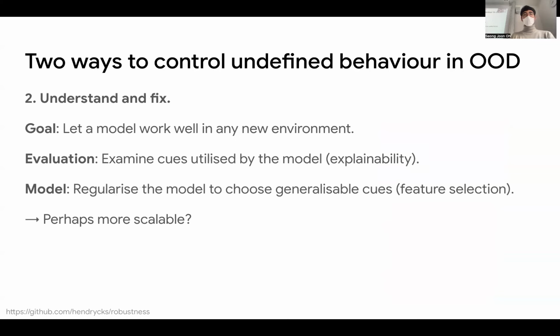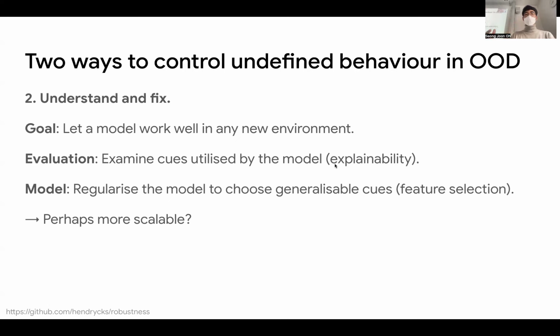And the other way to go is first to understand and then fix it, right? So the evaluation in this case is not in terms of whether the model is working well in case ABC, but rather examining what kind of cues are used by the model, right? For example. And that's part of the explainability.